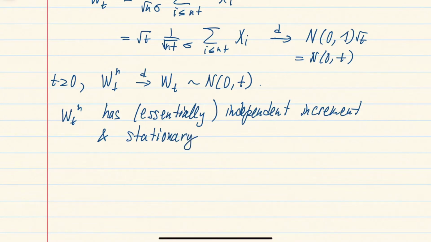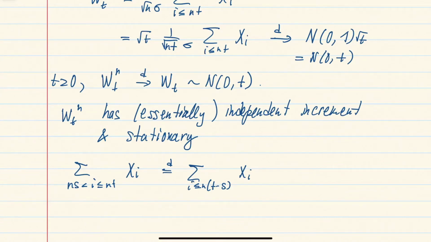When you look at the increment of the process between, let's say, time s and time t, if you ignore the interpolation term, which is small since you scale it by square root of n, you're just summing between ns and nt. It's the same thing as summing, starting from 1, n times (t minus s) terms. And on different intervals, because our sequence X_i is IID, these sums are independent of each other.